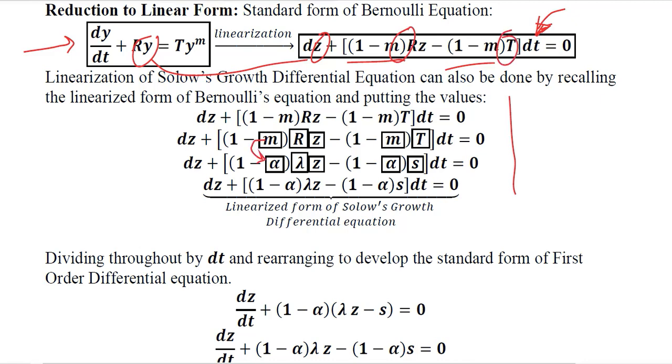Instead of m we are writing alpha, instead of r we are writing lambda, instead of m we are writing alpha, and instead of t we are writing s. So if we substitute these values, the linearized form of the Solow growth model differential equation will come into being, and this is that equation. Now in this equation we have alpha and we have small s and all these relevant variables.